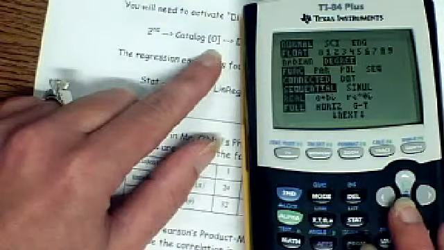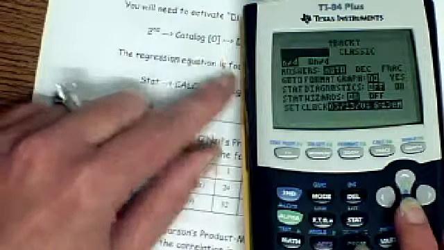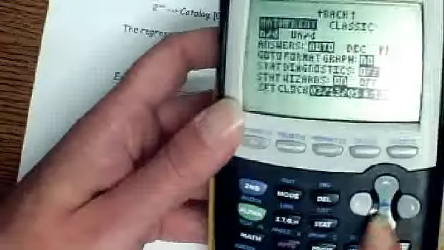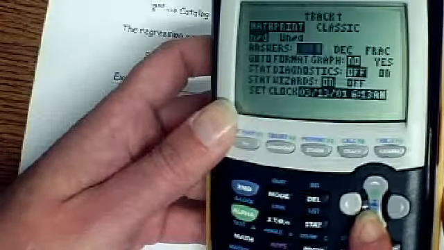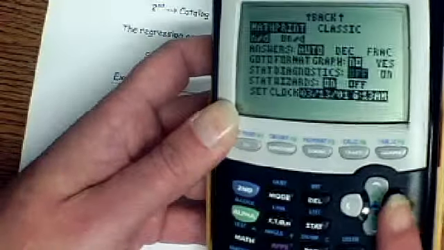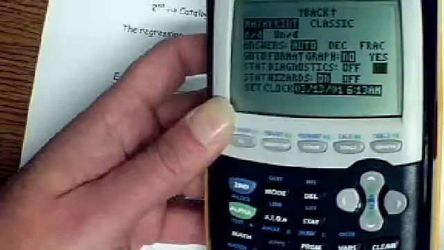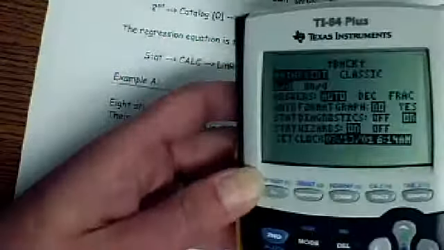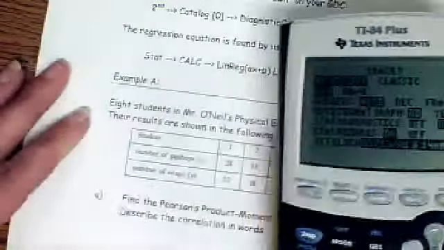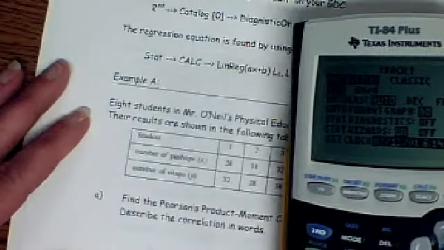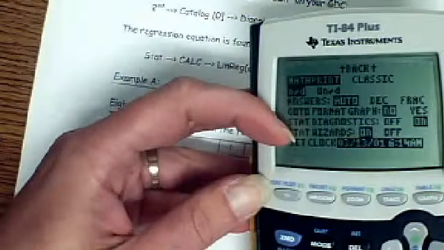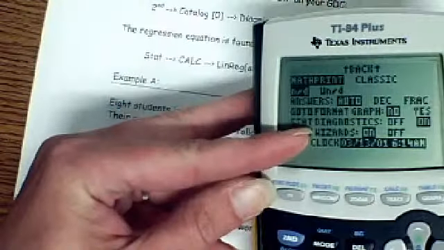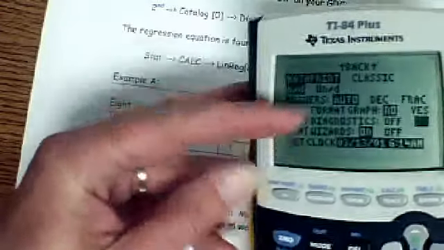And if we go all the way down to the next page, stat diagnostics need to be on. So if we go down, here's stat diagnostics. We want them on. What this does is it tells the calculator that we want it to find R for us. So make sure in mode, you go all the way down to the second screen and turn on stat diagnostics. We want it to be on.